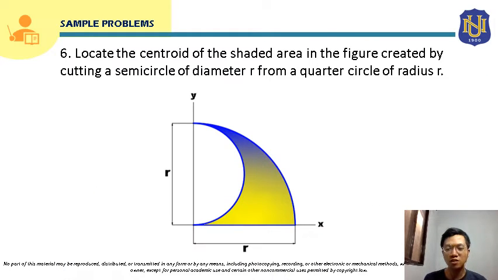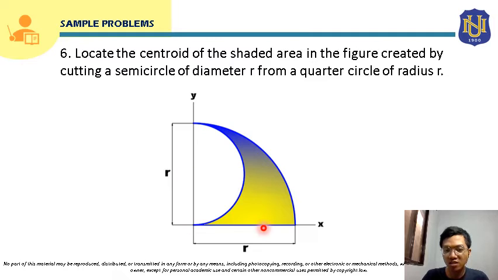Okay, so for sample problem number 6, locate the centroid of the shaded area in the figure created by cutting a semicircle of diameter r from a quarter circle of radius r. Okay, so this is the shaded area. To solve for this shaded area, we will just subtract the area of this semicircle from the area of this quarter circle.